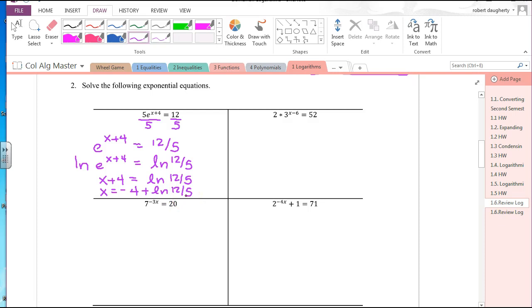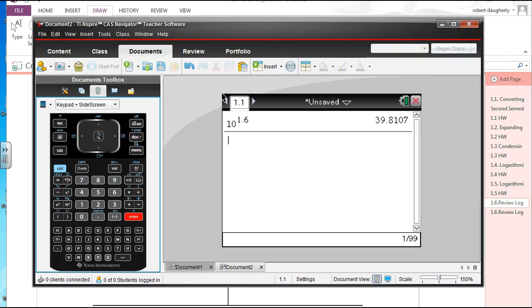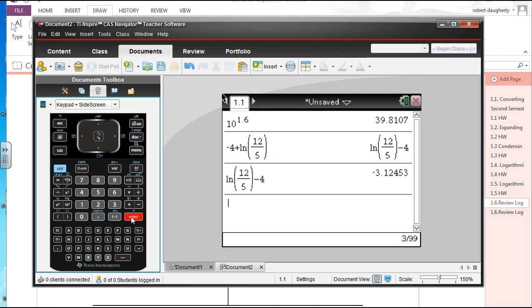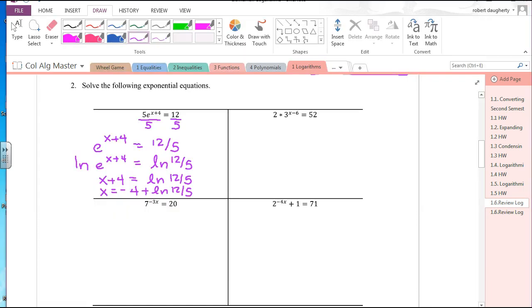That's the exact answer. On your calculator, you can get an approximation for that. So -4 plus the natural log of 12/5 is about -3.12.